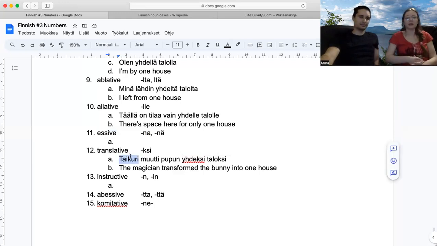Taikuri, the magician, muutti pupun, the bunny, accusative case, yhdeksi taloksi, into one house.